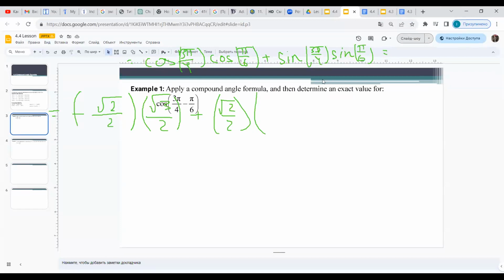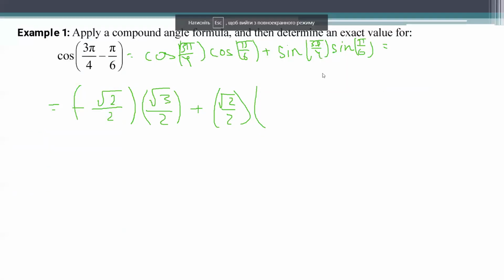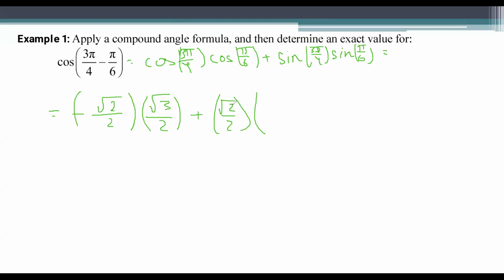Times the sine of pi over 6 is 1 over 2. And here, square root of 2 over 2, we can factorize the square root of 2 times square root of 2 in denominator. So we can simplify it to get 1 over square root of 2.